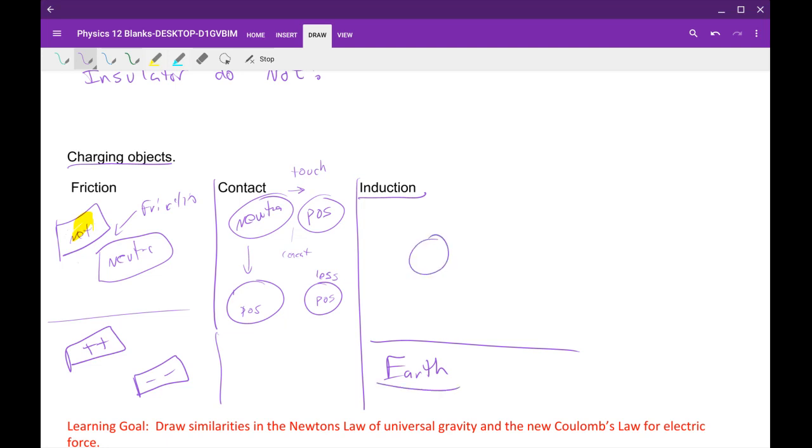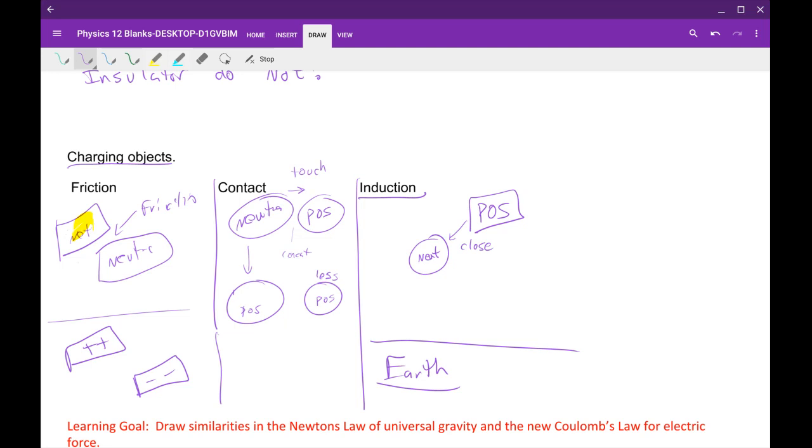And what you have is some sort of neutral object, sort of sitting there, floating. Then you've got some positive object sitting over here. You bring this positive object in really close, but you don't actually touch the neutral object.